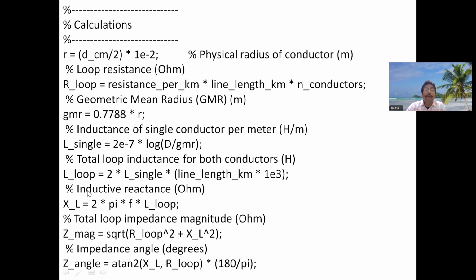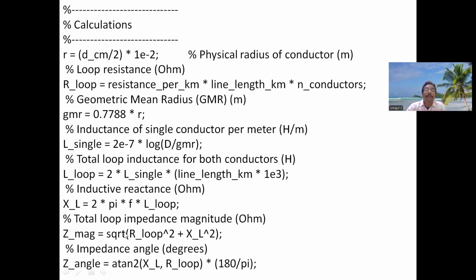From that we can find the inductive reactance using the formula XL is equal to 2 into pi into f into L_loop. L_loop you already calculated. From that, you can calculate the loop impedance magnitude using the formula Z is equal to square root of R_loop square plus XL square.